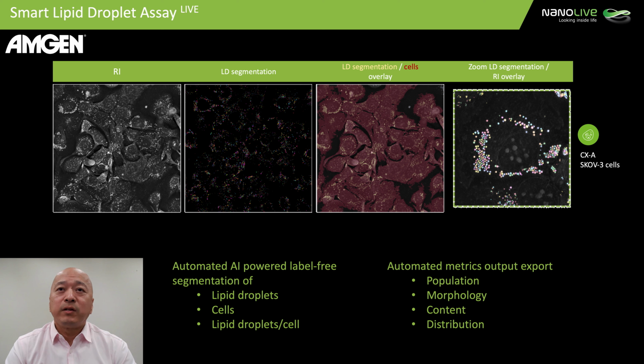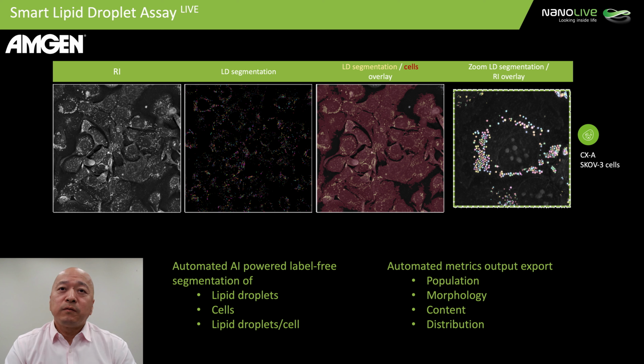Today, I will not have time to review all of these metrics with you. Rather, I will refer you to the very helpful technical notes provided by Nanolive for detailed information for you to better understand the capability of this assay.